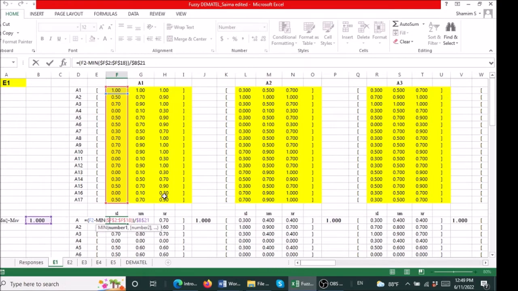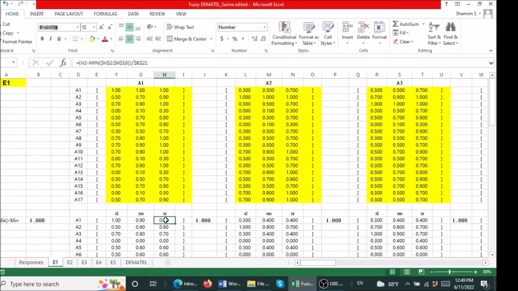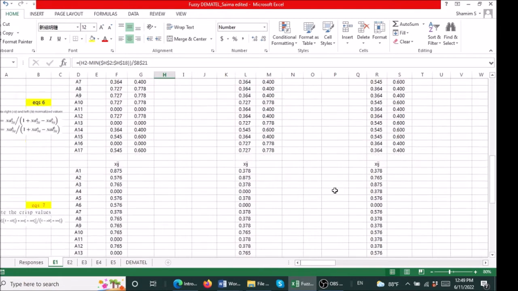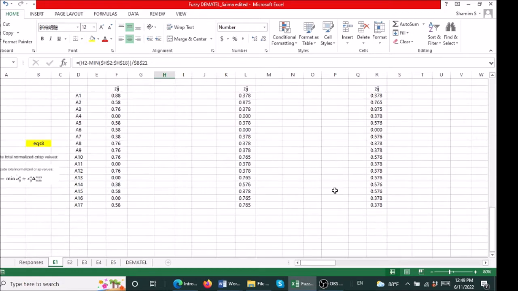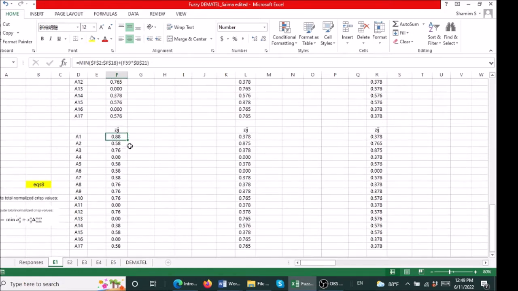Okay, this one. So this is also relatively easy. You just see the formula. I guess it will not be a problem here. And finally you get the crisp value using equation 8, the crisp value.